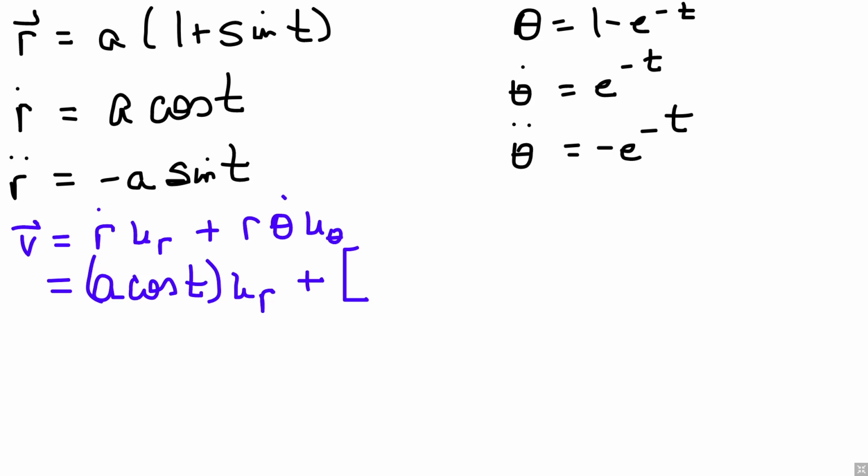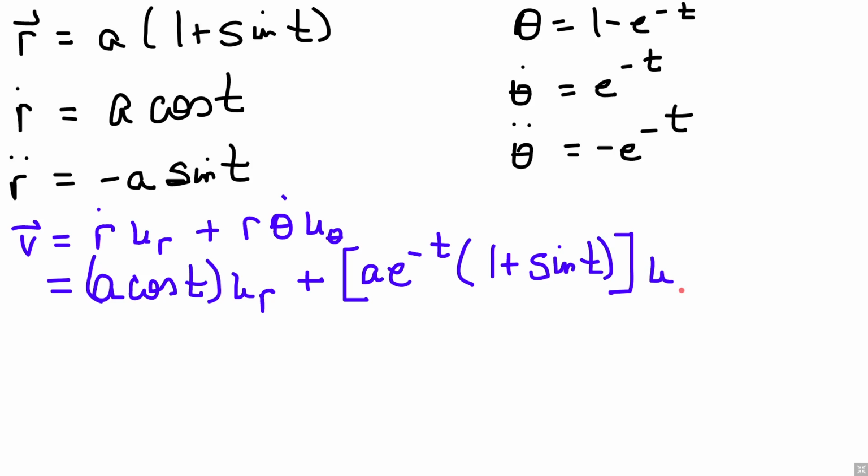I'm going to write it as a times e to the negative t times 1 plus sine of t in the u_theta direction. And that's about as clean as you're going to get this. Any questions?